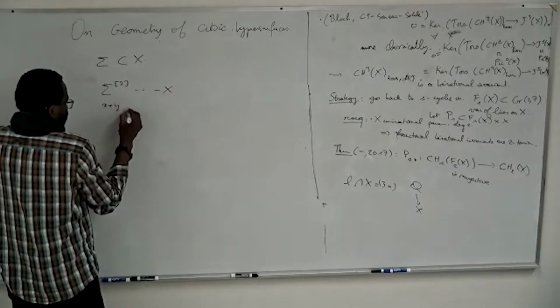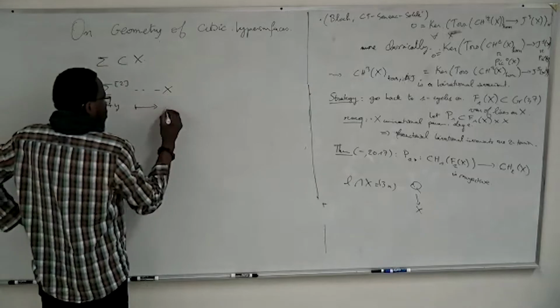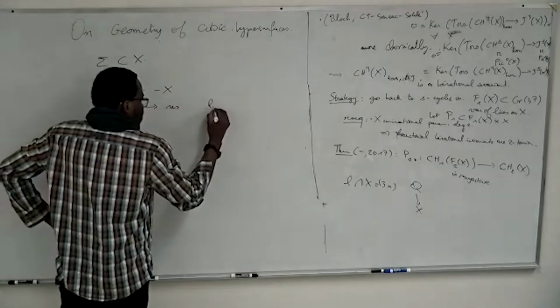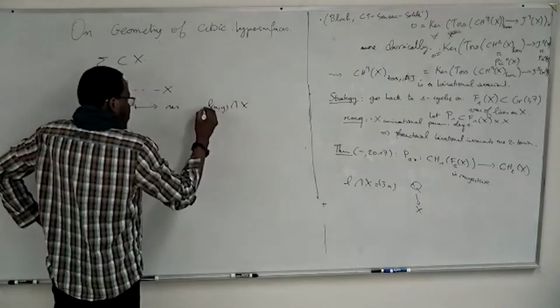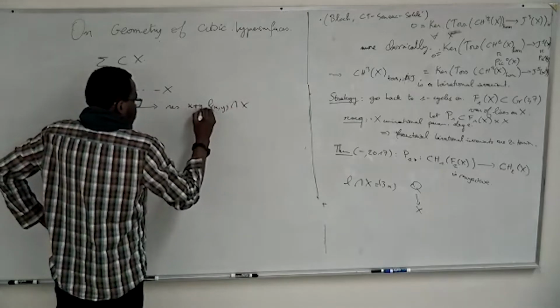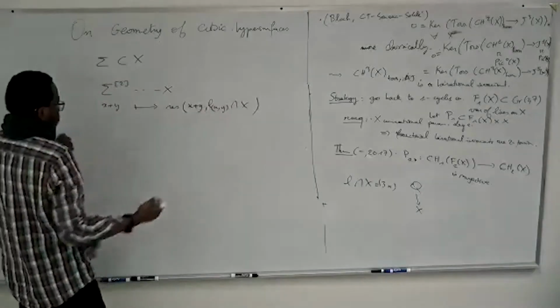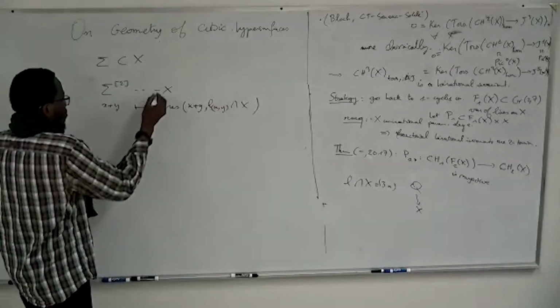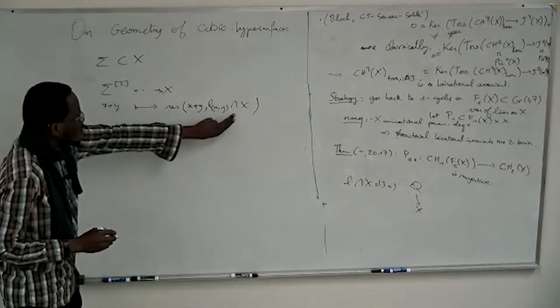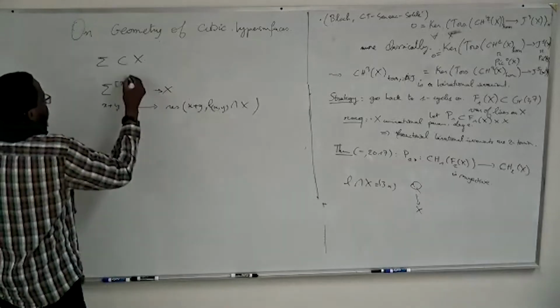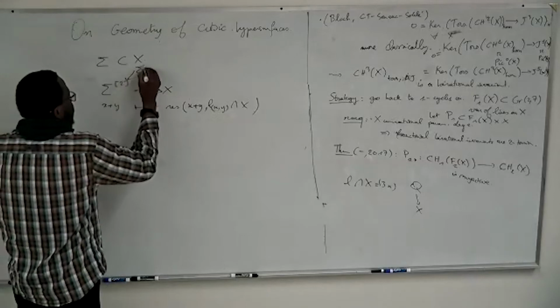If we take two points, we can look at the residue at the last point of the intersection of the line generated by the two points with X, and Y that we started from. There is one last point, and this is what we take here. It is not defined on the lines that are contained in X, so we can resolve this.